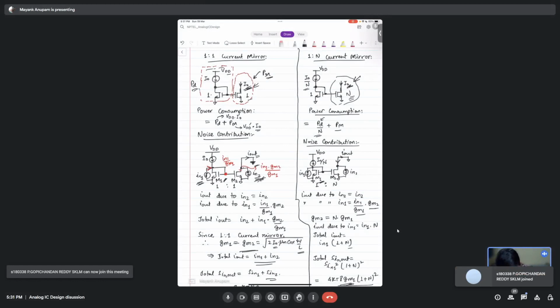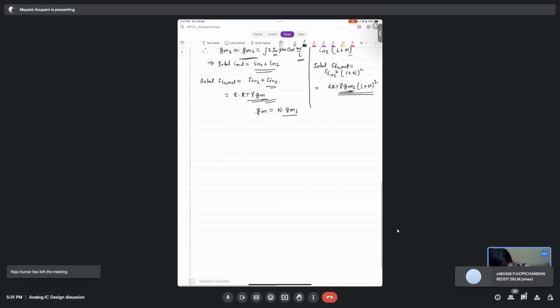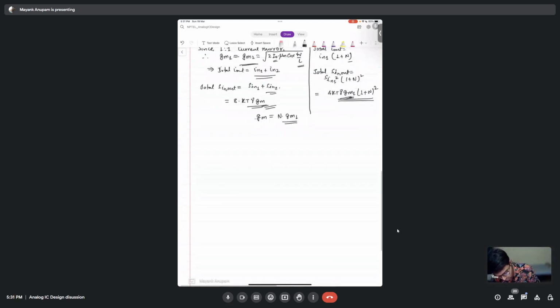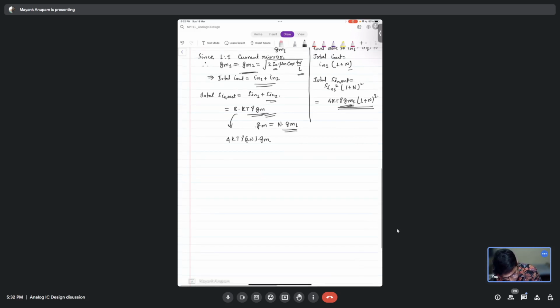So, is this correct, by the way, in that case? Yes, sir. It should be. Yeah. So, what will happen in that case? In this case, we have 4 kt gamma gm, or let's call it 2 into n times gm, right? And what is this? This is basically 4 kt gamma gm1 times 1 plus n the whole square, right?